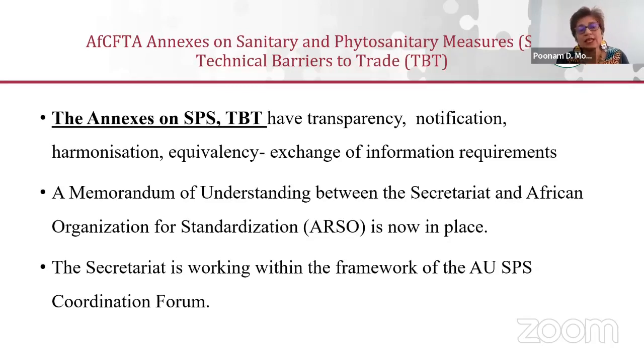These annexes have transparency, notification, harmonization, equivalency, and exchange of information requirements. This is just to reassure you that the AfCFTA agreement itself has these articles and annexes on harmonization, transparency, and SPS and TBT requirements.